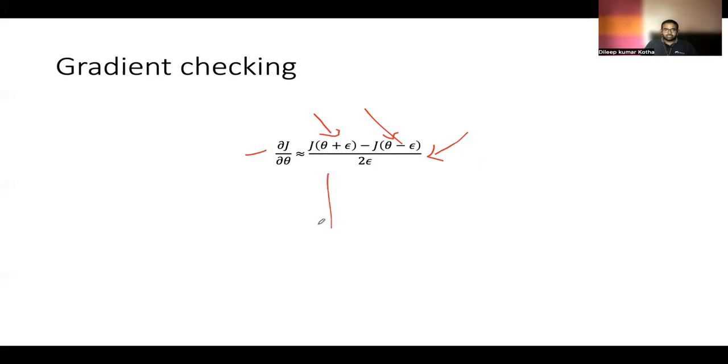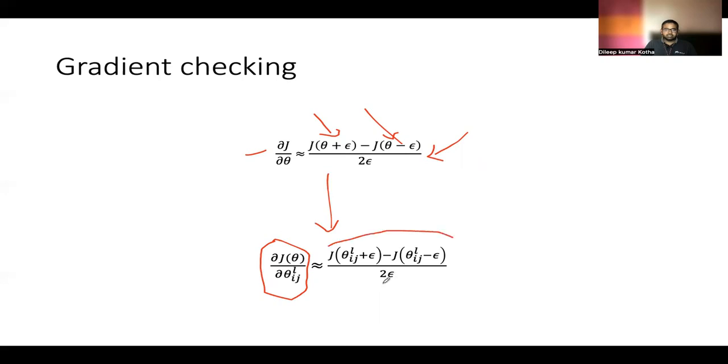Now, putting this into our backpropagation algorithm, whenever we calculate the cost function derivative with respect to any parameter, we can also do gradient checking for it, by calculating the cost function difference at that parameter divided by 2 epsilon, where epsilon is how much we add to and subtract from the parameter.